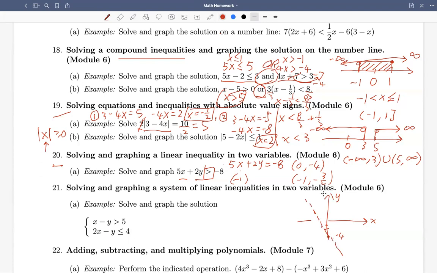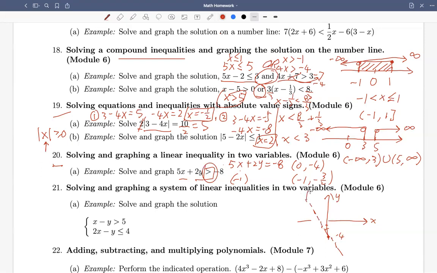Okay, I should draw a dotted line, right? Because my inequality has no equal sign. It's only greater than negative 8. So I have drawn this line with a dotted line. Now, because this sign is greater than, where am I going to find my solution?